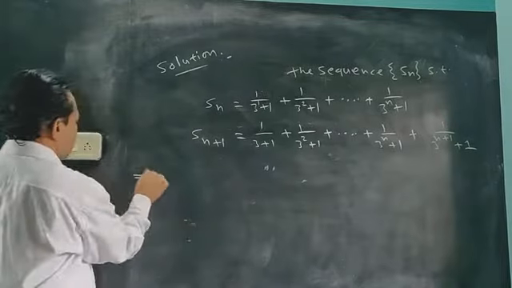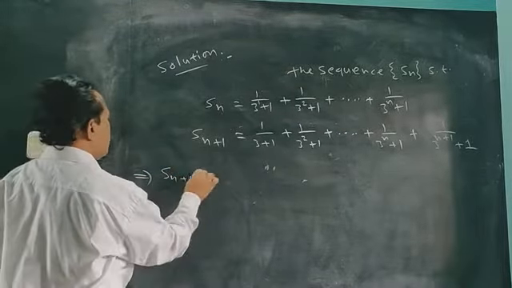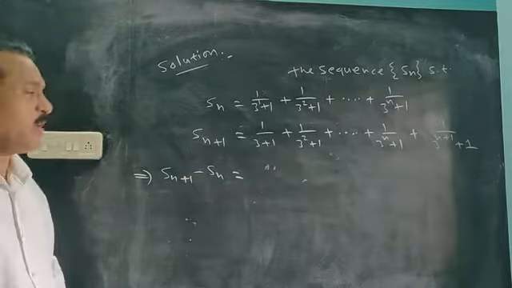Now subtraction. Okay, first of all, monotonic: Sn plus 1 minus Sn, subtraction, positive or negative.